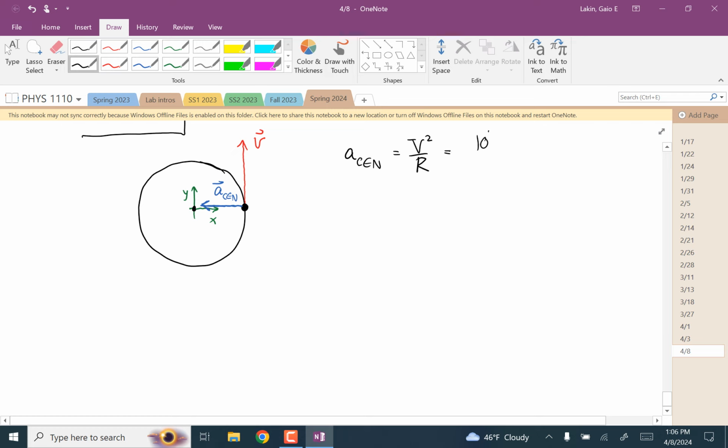So that's 10 squared divided by 0.2. So that's 500. We can see from the picture that the centripetal acceleration is in the negative x direction. So the components are negative 500, 0.